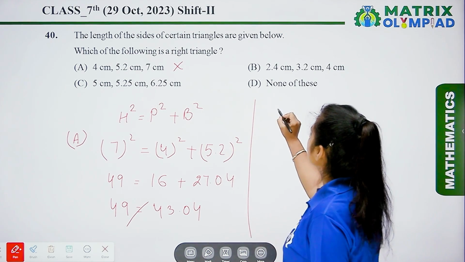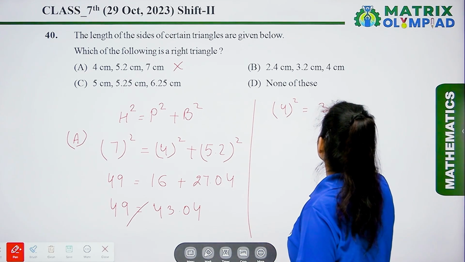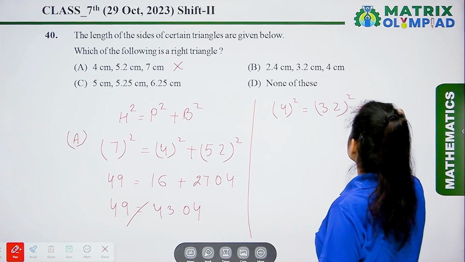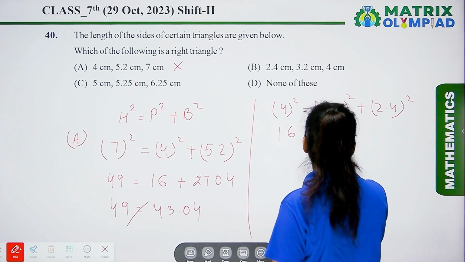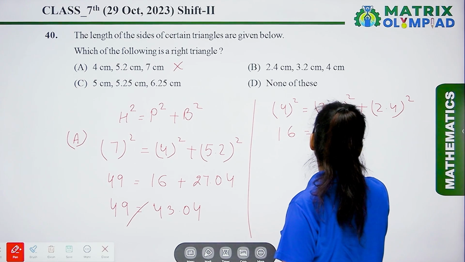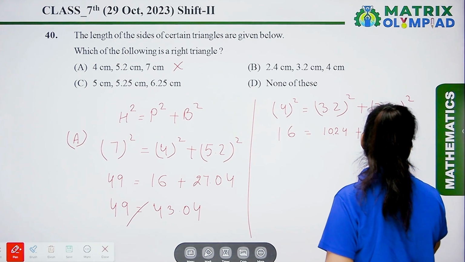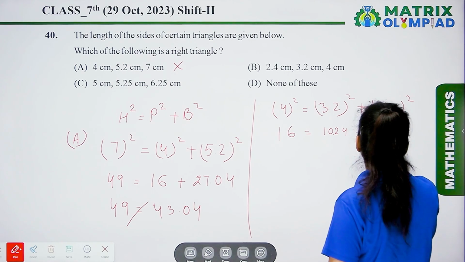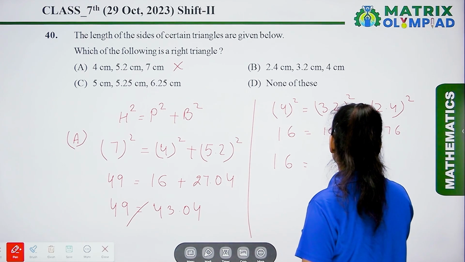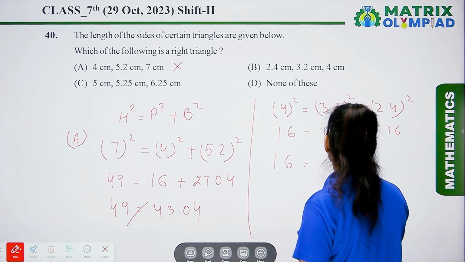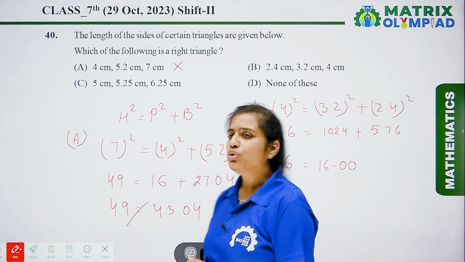The next one is B option. Here we have square of 4 is equal to 3.2 whole square plus 2.4 whole square, means, so here LHS is equal to RHS as 16 is equal to 16.